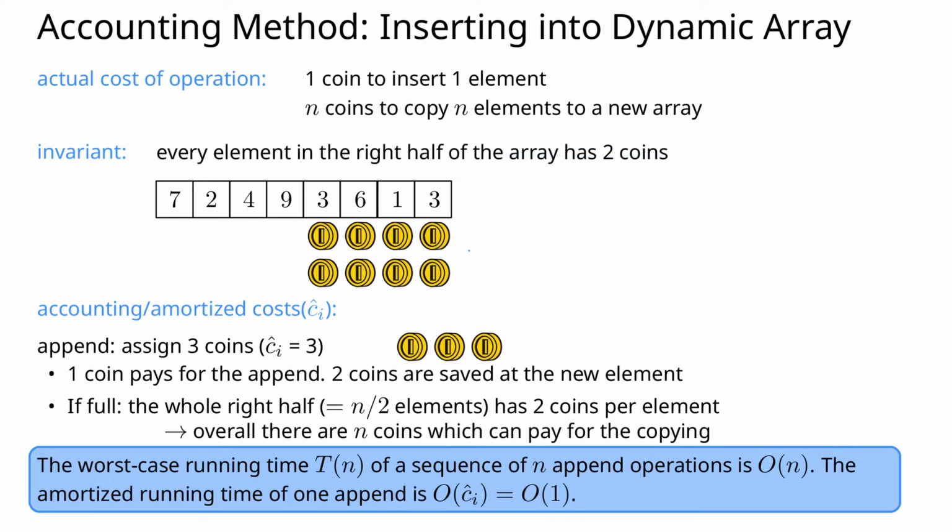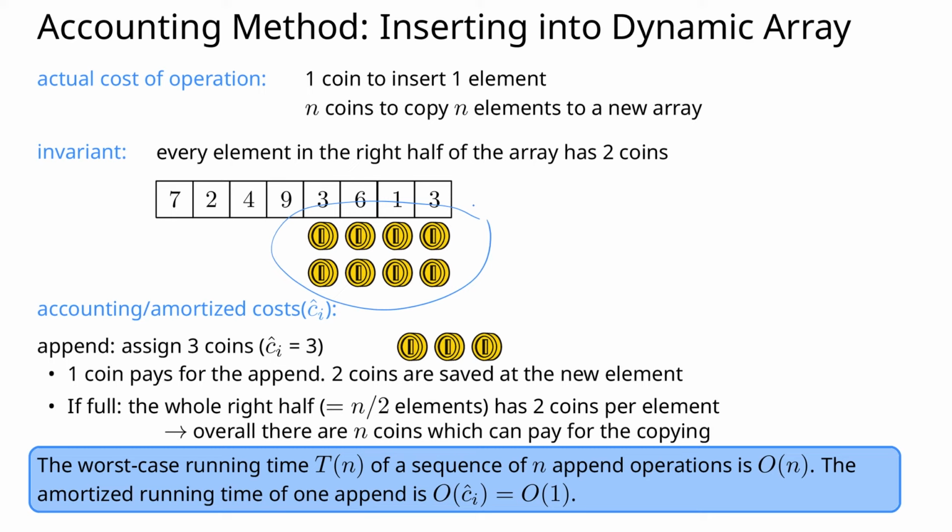So what do we see here? We see that the worst case running time of a sequence of n appends is O of n. That means the amortized running time of one append is constant. And how do we get that? It's the same analysis as always. The invariant here tells me that my savings are always non-negative.